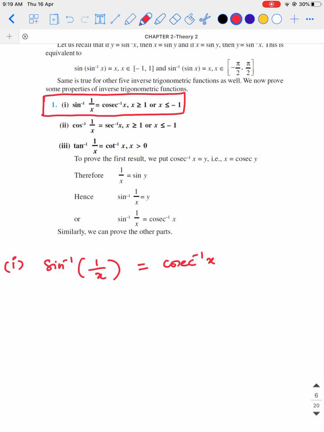So sin inverse of 1 by x equals cosecant inverse x. This also implies, similarly, that sin inverse x can also be written as cosecant inverse.